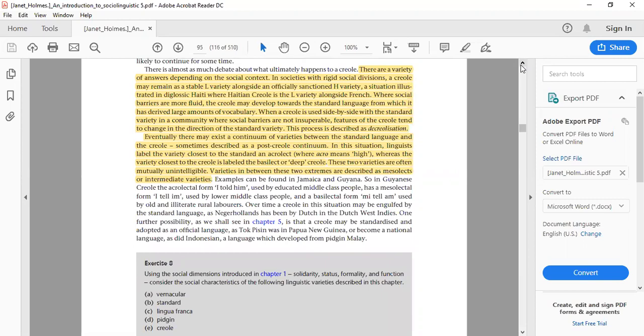Okay, ask me the question, I'll answer. Ma'am, my question was, is the post Creole continuum the result of decreolization? Yes, it is.